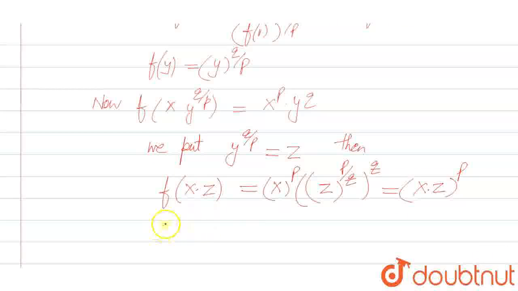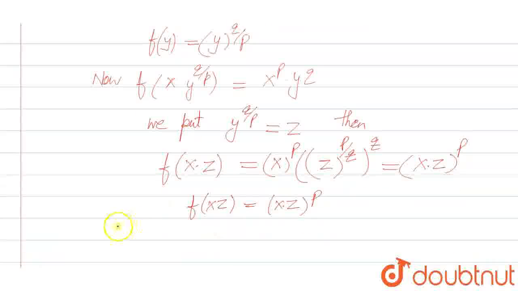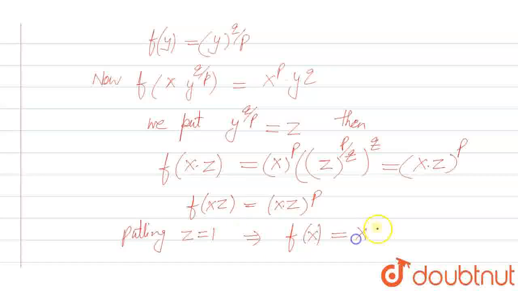Now f(x)·z is equal to (x·z)^p. Now putting z equal to 1 in this equation, we can say that f(x) is equal to x^p. Okay.